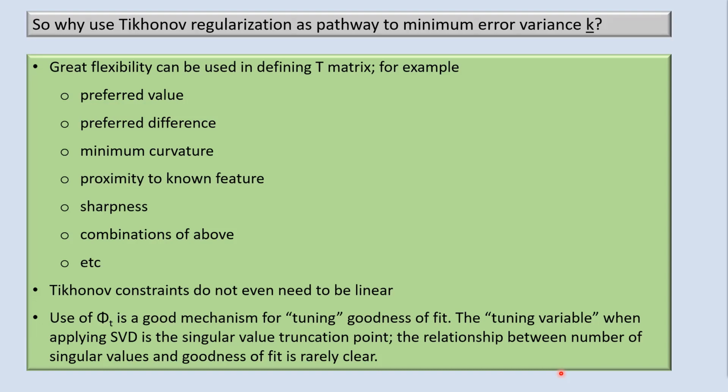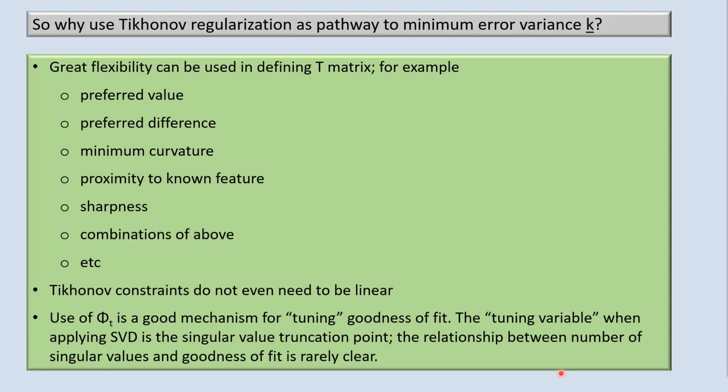We may, for example, suggest through an appropriate Tikhonov matrix that if heterogeneity needs to arise in the calibrated parameter field, it arise close to some feature that we think may actually have heterogeneous hydraulic properties. And we may suggest that if it arises, it have continuity in certain directions.